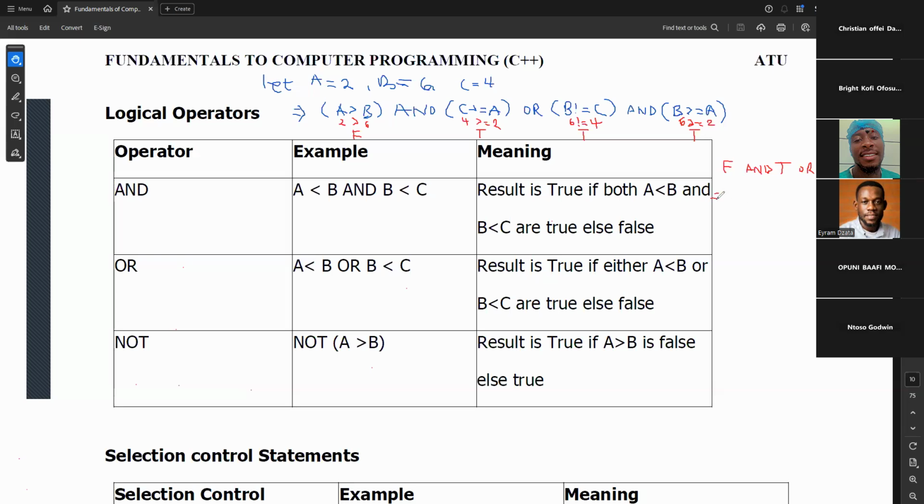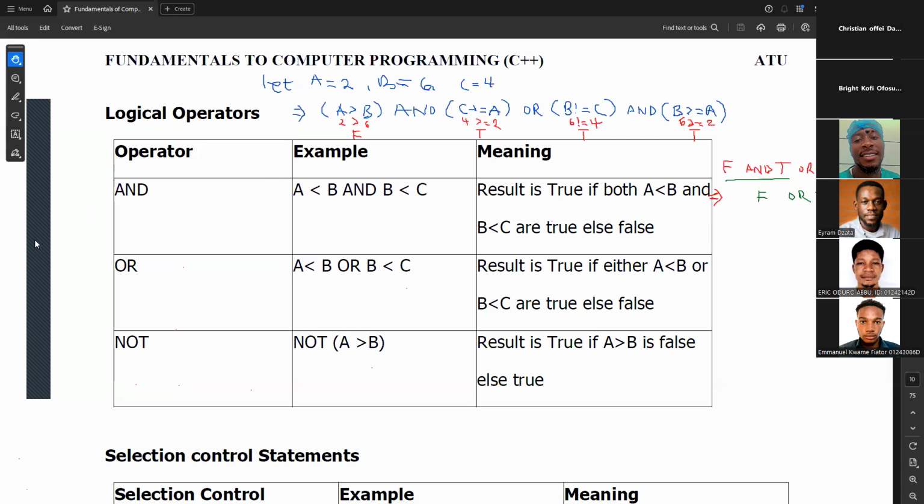Now with something like this, you have to go step by step. First you take the first two. So false and true will give us what? False. So false or true and true.